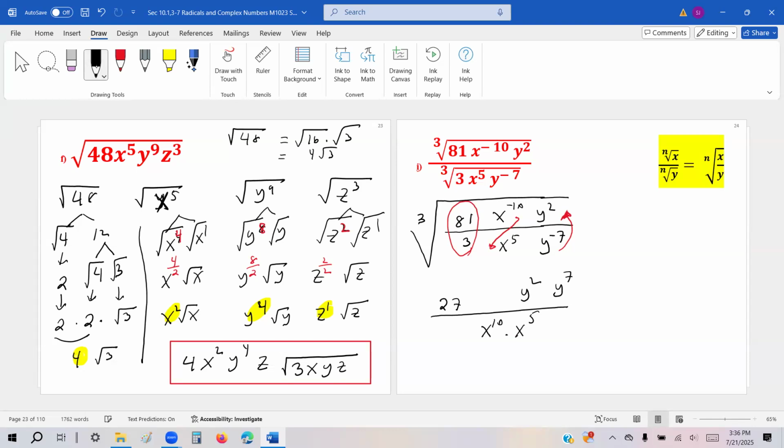Y to the 7 goes on the numerator. And you have the cube root of that. So these are like terms. These are like terms. So we had 27 y to the what power? 9, divided by x to the what power? 15.